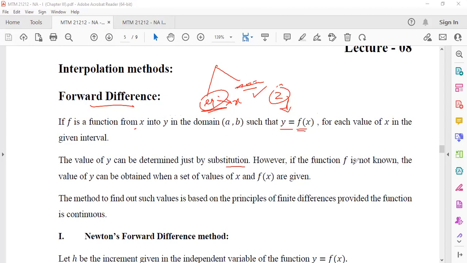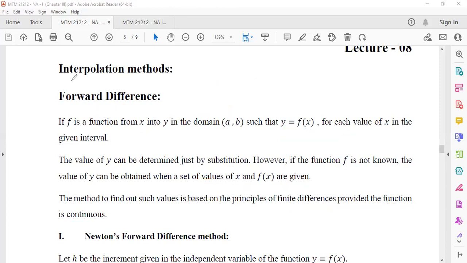Even if the function f is not known, they are giving x and y only, they didn't give you f(x). The value of y can be obtained when a set of values of x and f(x) are given. The method to find such values is based on the principle we call finite difference, where we have to take the function as continuous.